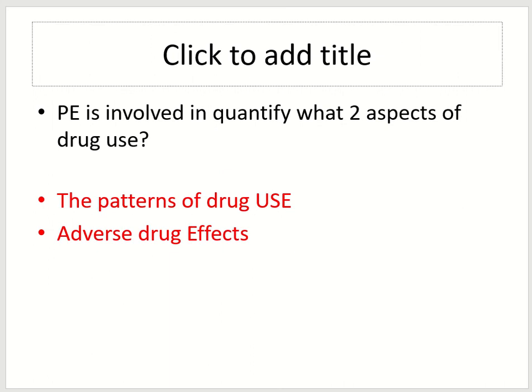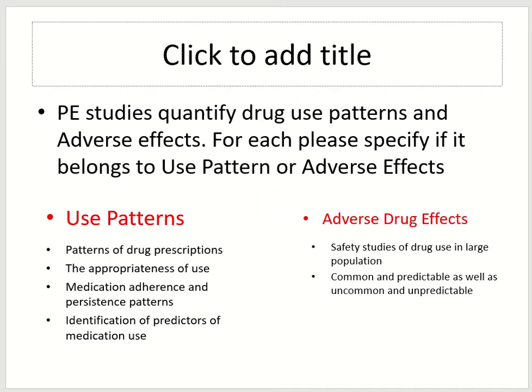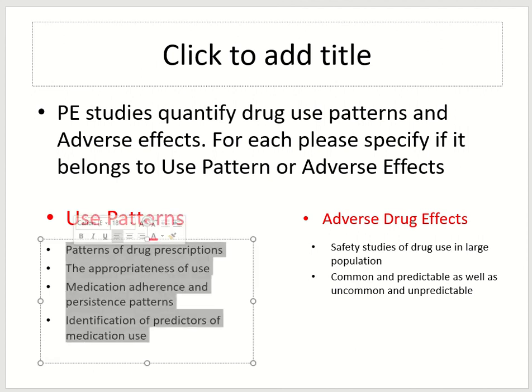So pharmacoepidemiology looks at two aspects of drug use. These are the pattern of drug use and adverse drug effect. What does pattern of drug use mean? Patterns of drug use are listed here. So drug prescription patterns, the appropriateness of use, the medication adherence and persistence, identification of predictors of medication use.